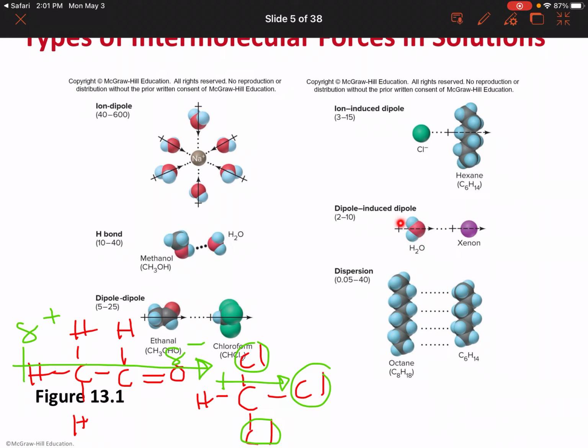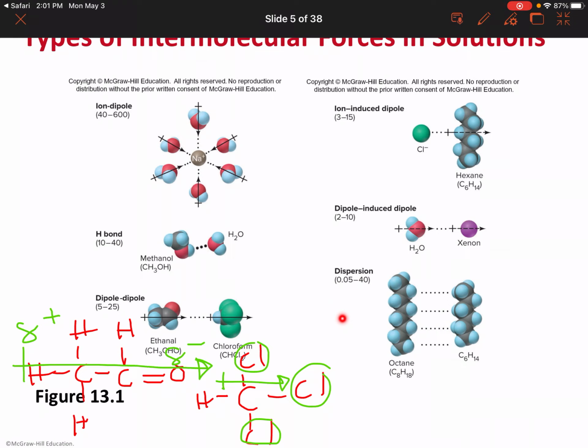But xenon doesn't have an ion or a dipole or a hydrogen bond or anything. It only has van der Waals interactions. So the dipole of the water induces a dipole in the xenon. So we call that dipole-induced dipole interaction. Okay. That's going to be less energy compared to the ion-induced dipole.